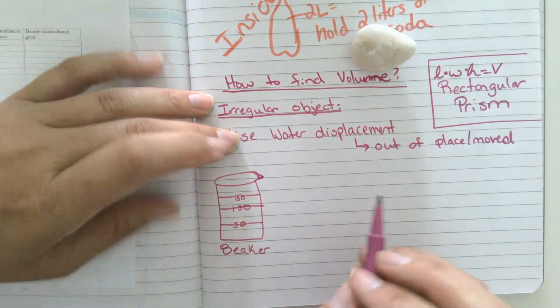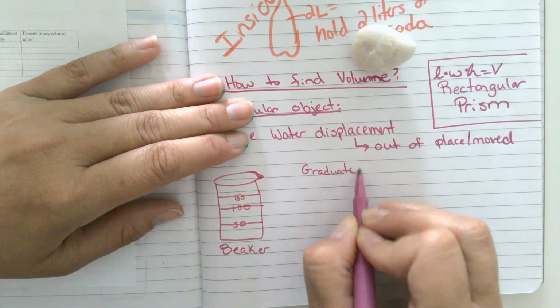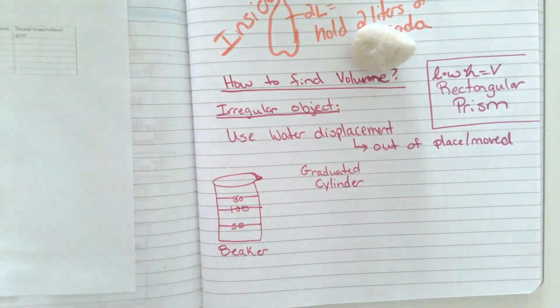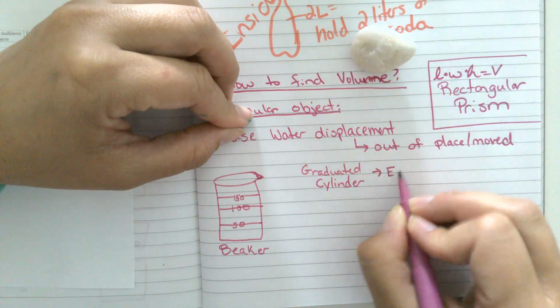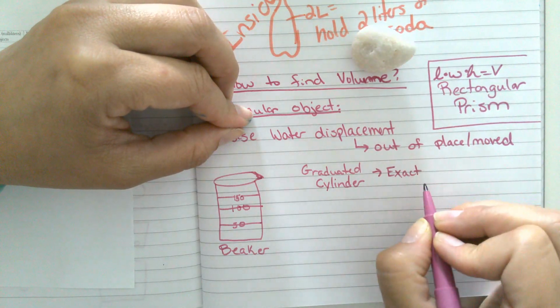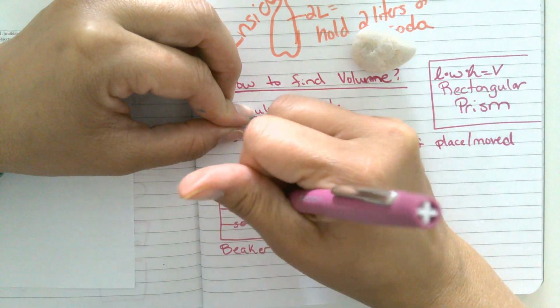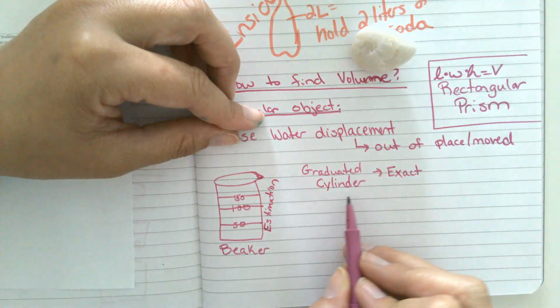Now we're going to use something called a graduated cylinder. A graduated cylinder is more exact. It gives you an exact measurement. A beaker is more for estimation. A graduated cylinder gives us an exact measurement.